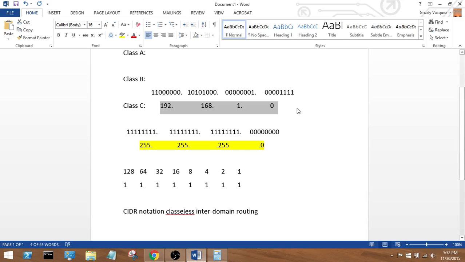So that's why, let's say you have 256 addresses in a class C, you can't use all 256. Why? Because you can never hand out your first address and your last address. The first address is used for the network. It's the network definition itself. And then the last address is 255, the very last number on that network.